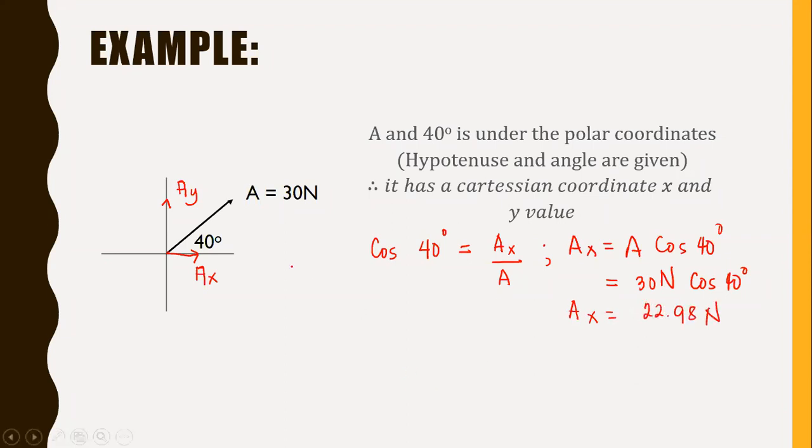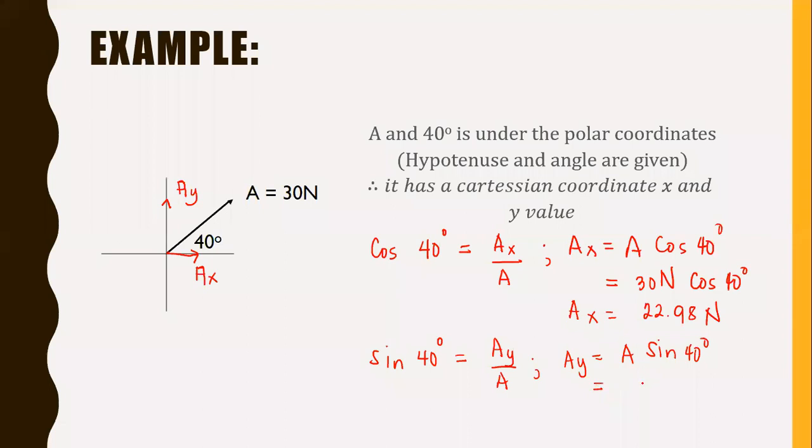While for ay, let us use sine 40 degrees, which is equal to ay over A, the opposite over the hypotenuse. Therefore, ay is equal to A sine 40 degrees.